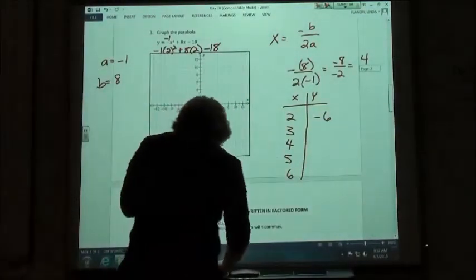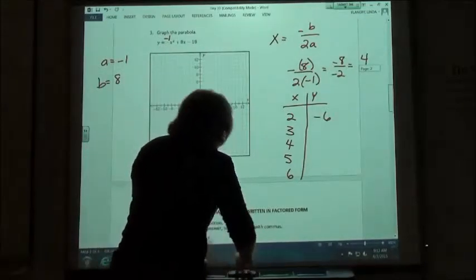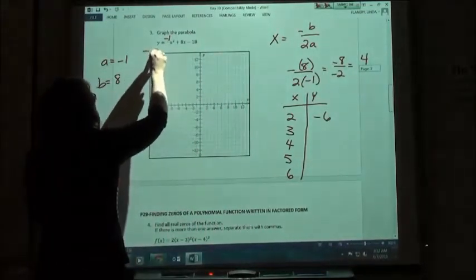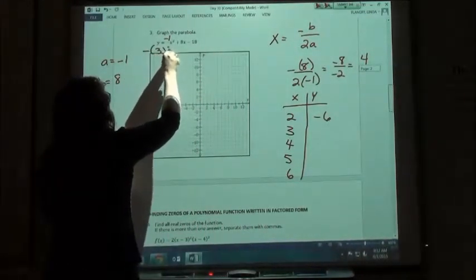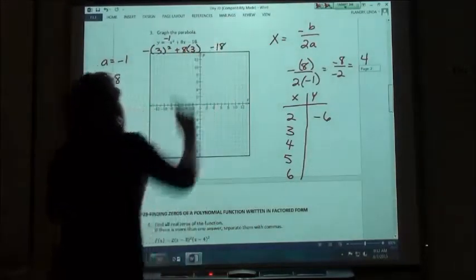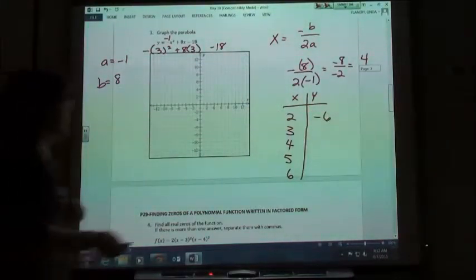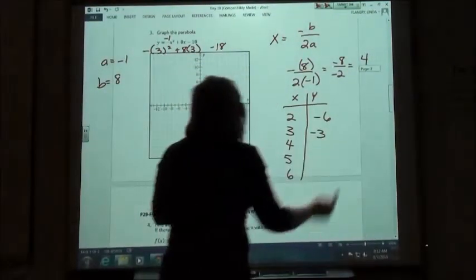Okay, now we got to put a 3 in. Negative 3. Okay, and we got to put our 4 in.